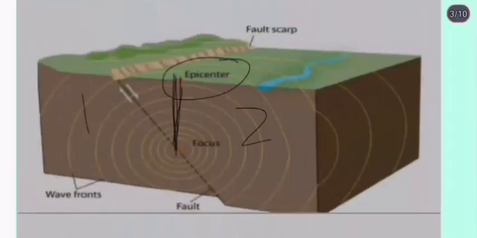In this figure I will show you: from the focus, the earthquake's waves are released in all directions. The waves formed by the release of energy are known as body waves.